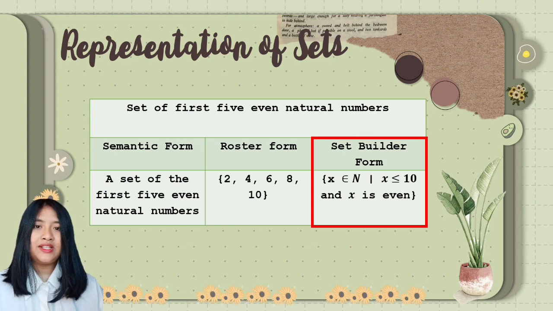For example, A is a set with element x, x is a natural number, where x is less than or equal to 10 and x is even. The statement says all the elements of set A are even natural numbers that are less than or equal to 10.